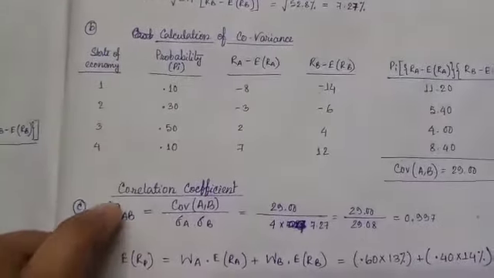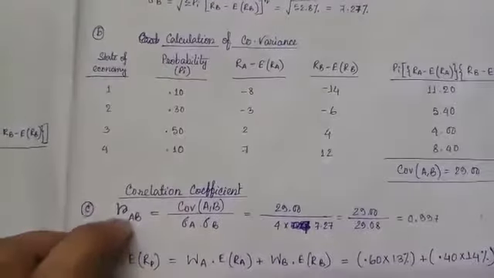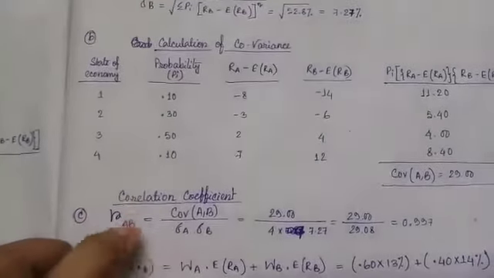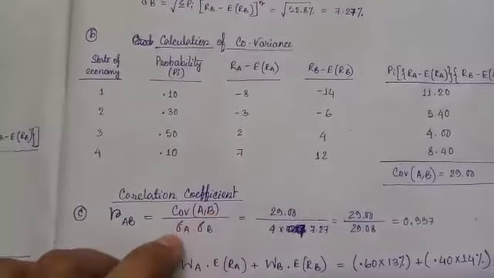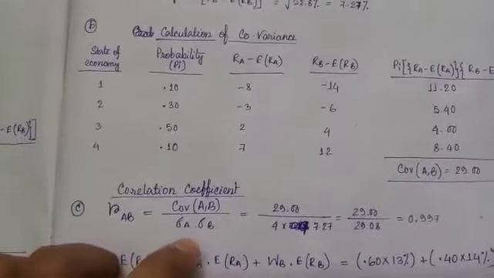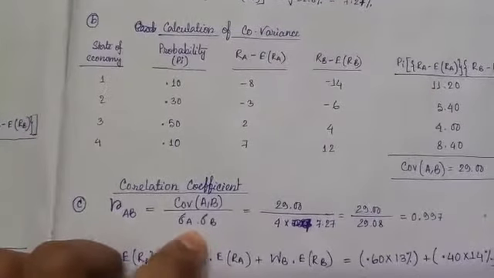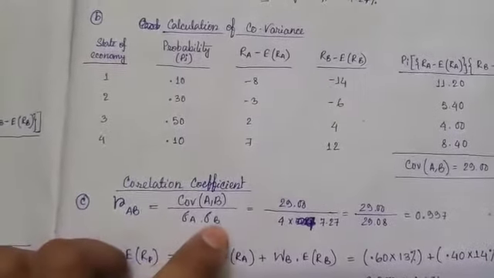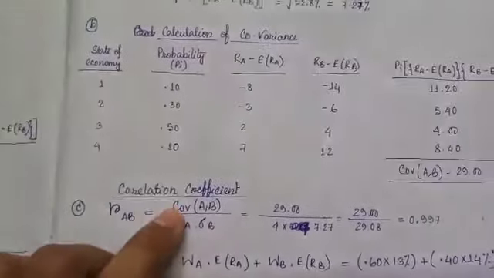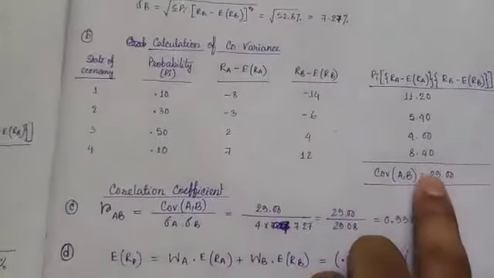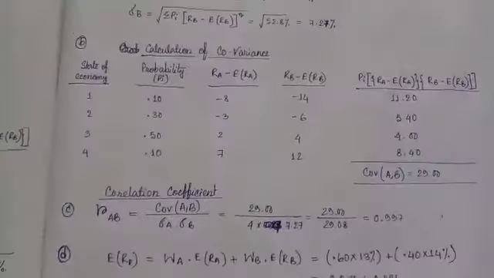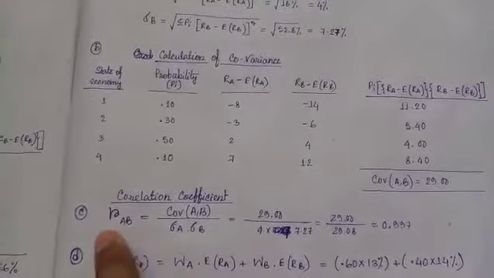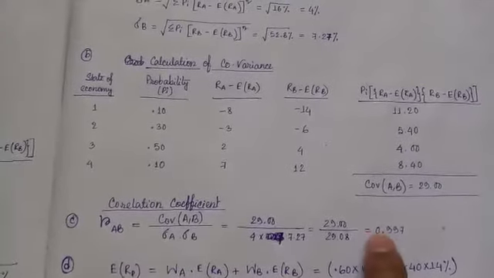Now recall this: the correlation coefficient associated with security A and B is the covariance of security A and B divided by the standard deviation of return of security A into the standard deviation of return of security B. Now here we have the covariance of 29%, the standard deviation of return from security A is 4%, and the standard deviation of return from security B is 7.27%. So the result of correlation coefficient comes to 0.997.